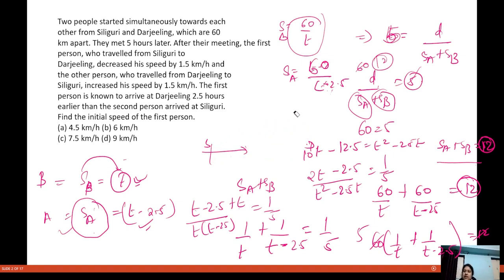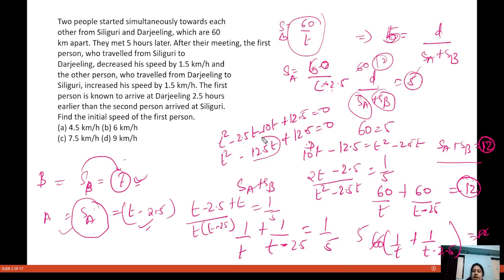Now you can take out the value of t from here. So how can we take out the value? t square minus 2.5t minus 10t plus 12.5 is equal to 0. Now see, here I have minus 12.5t, and this is 12.5.